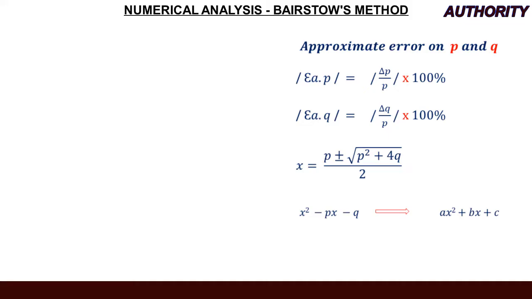Yes, and we say we want to find the root of this extracted polynomial, right? And then we see that this extracted polynomial is just like a quadratic equation. How do we recognize a quadratic equation or quadratic polynomial? It's like this: ax squared plus bx plus c, isn't it?